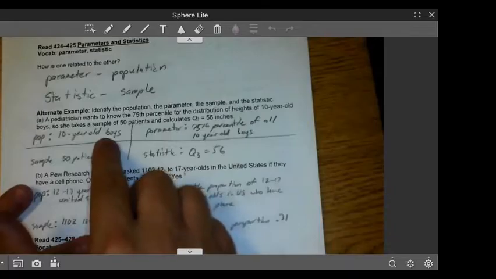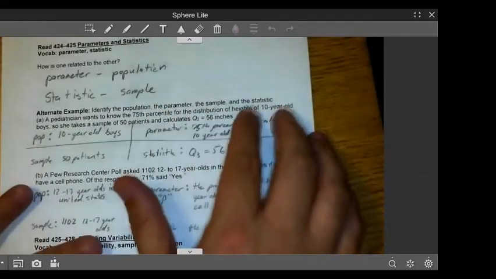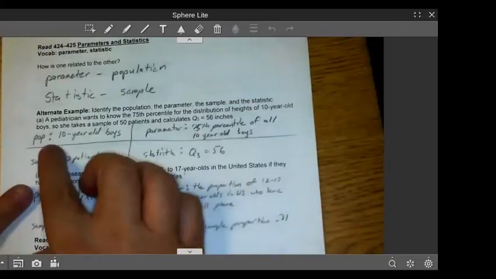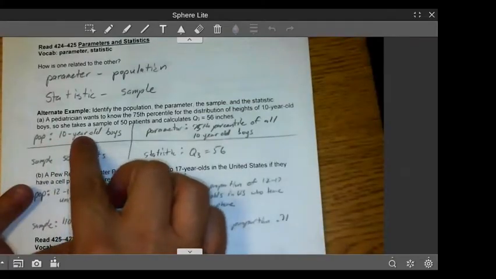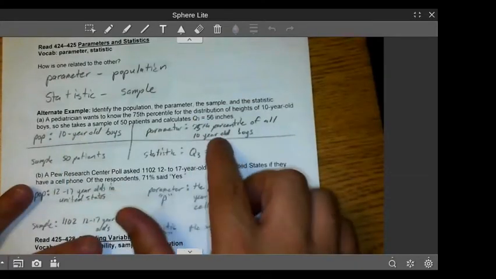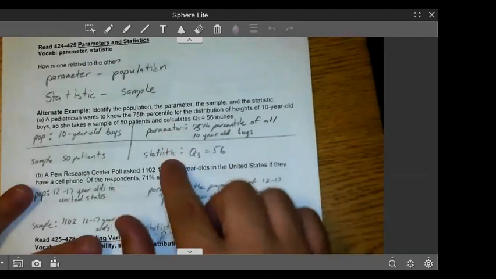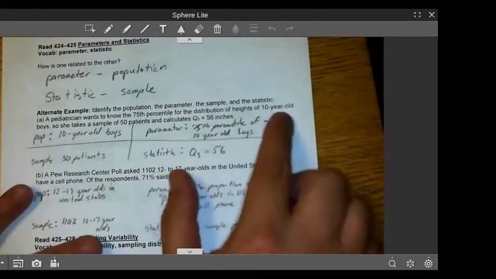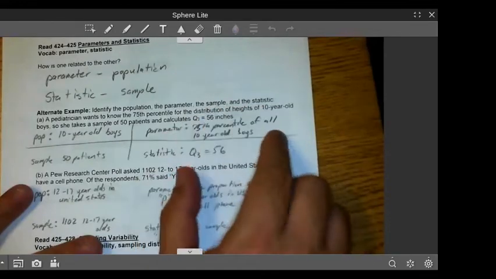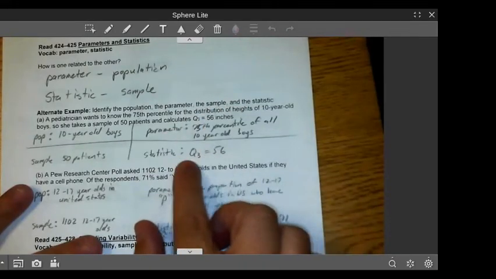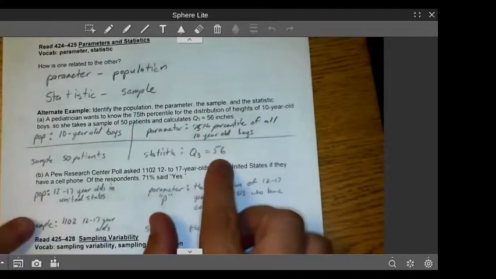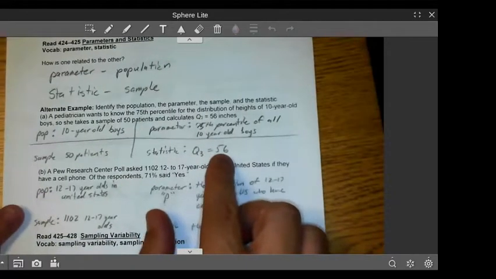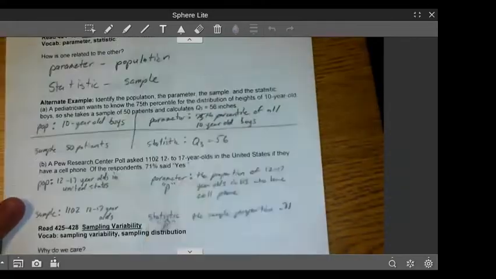Who are you trying to get the information about? For parameter and statistic, the parameter is for the population. This is kind of in general. So what are you trying to find in general? And the statistic is what did you actually find within the problem from the sample. From the sample, Q3 was 56.